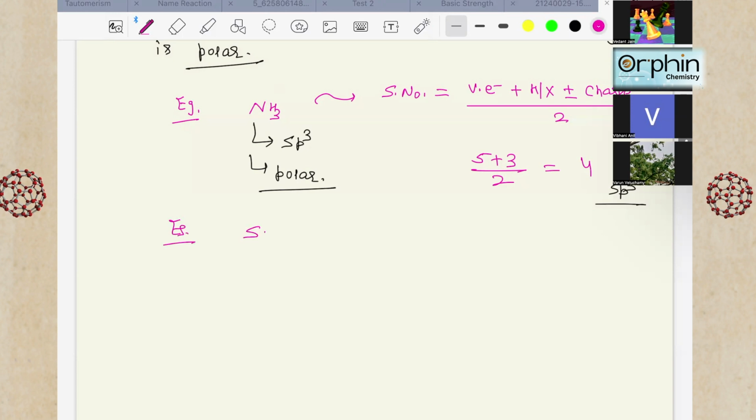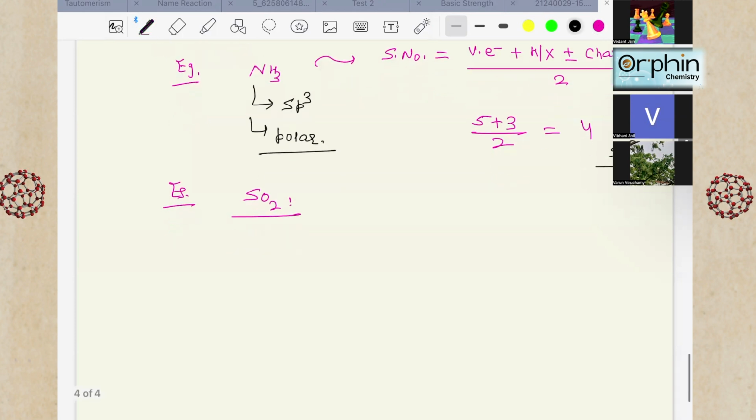If we are having SO2, you tell me, is this polar or not? SO2, everyone. Just find the hybridization and then see if it is polar or not. Yes, polar or not?